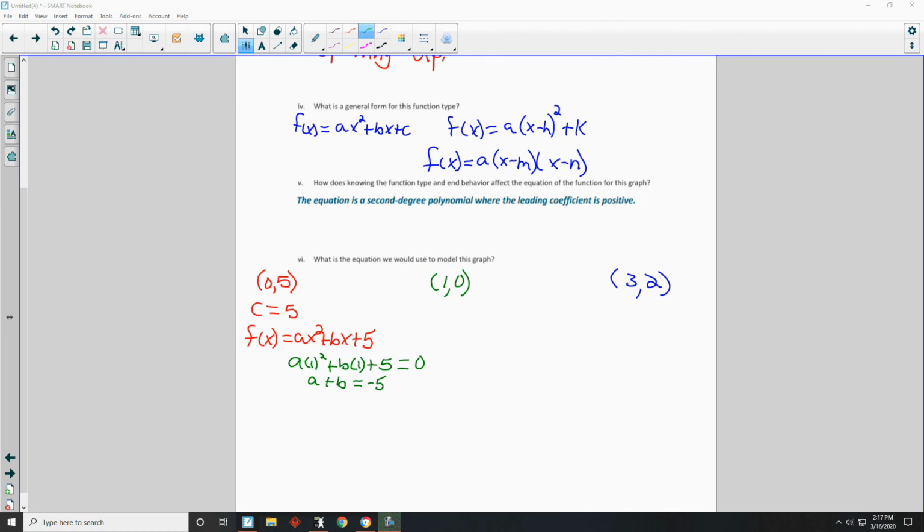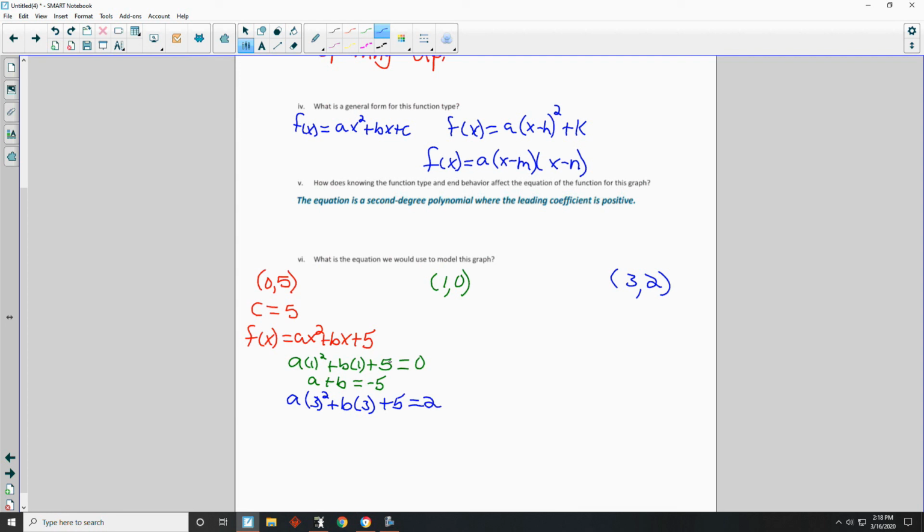Okay, so now we're going to do the (3, 2) portion. So let me choose blue. Now x is 3, y is 2, and we're going to substitute it in here. So it's going to be a times 3 squared plus b times 3 plus 5 equals 2.